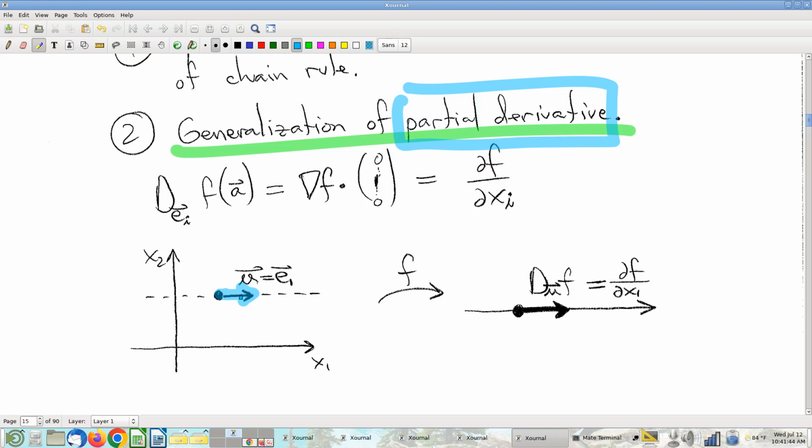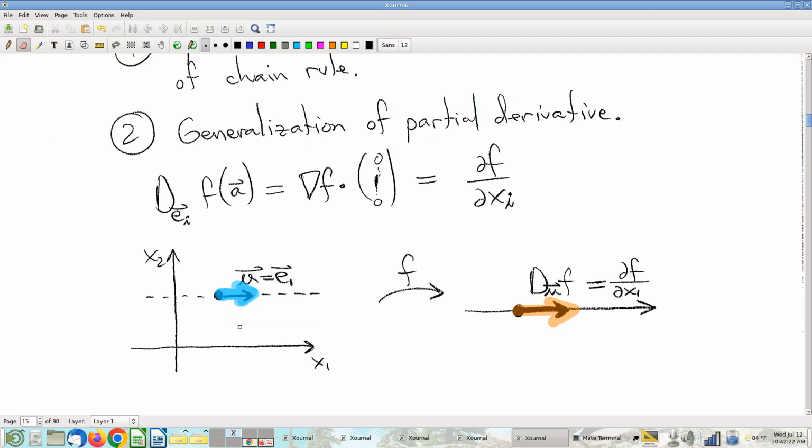I take the derivative, namely I want to know how fast the function is changing as a result. That's what you do with a directional derivative: you move with your input velocity being a unit vector. Well, e1 is a unit vector, and then you're keeping track of how the function changes. So partial derivative and directional derivative have a lot in common.